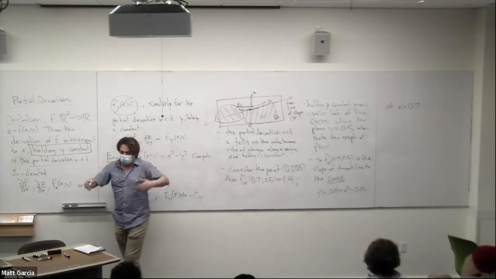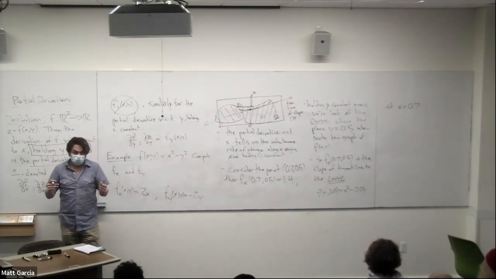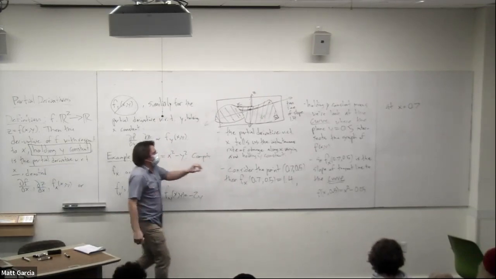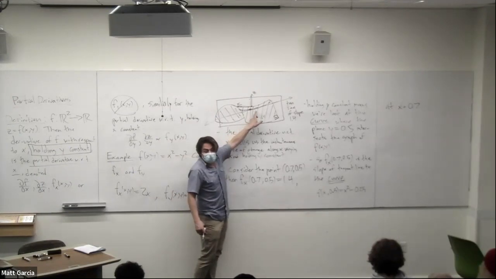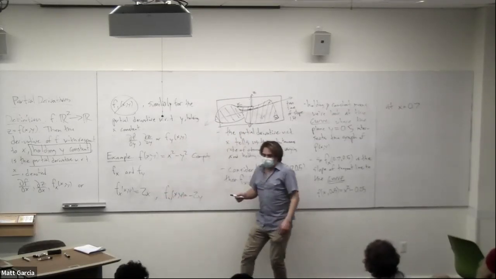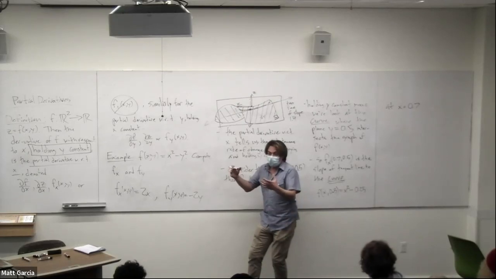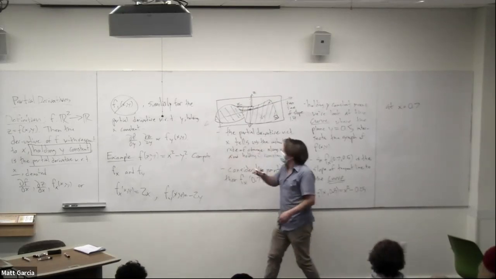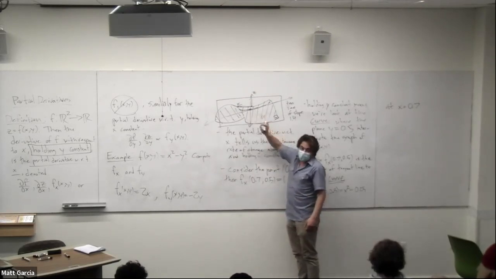Otherwise, there's an infinite family of tangent lines. What is unique is a tangent plane that touches the surface only at that point. That's what we're building toward. We want to use data like this to write a unique equation of a plane that is tangent to any point on the graph.